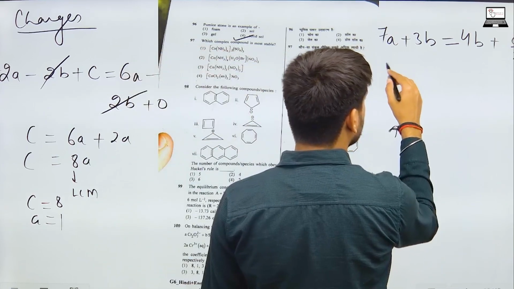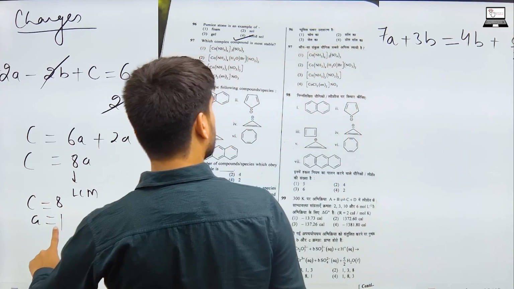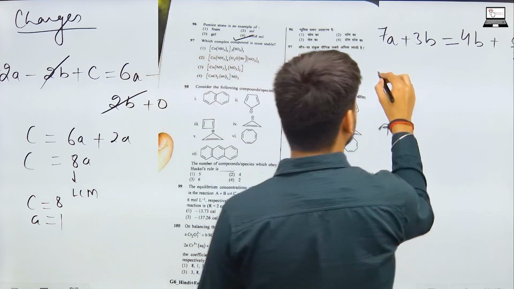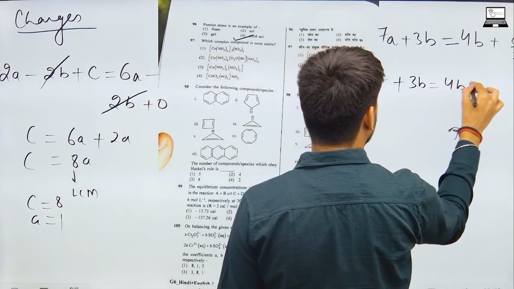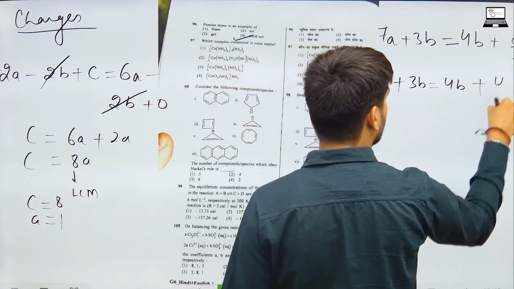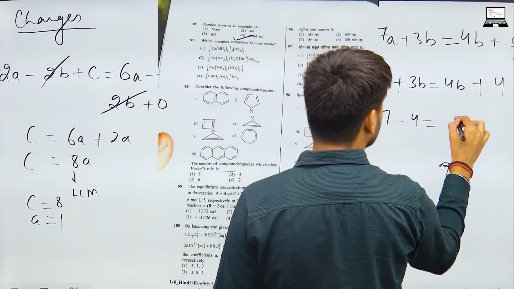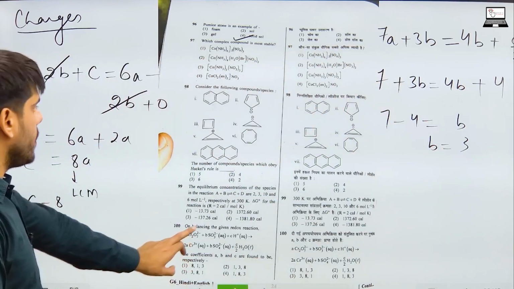So this is 7a, and a is 1, right? So this is 7 plus 3b equal to 4b plus, c is 8, so 8 by 2 is 4. 7 minus 4 is equal to b. So b comes out to be 3.